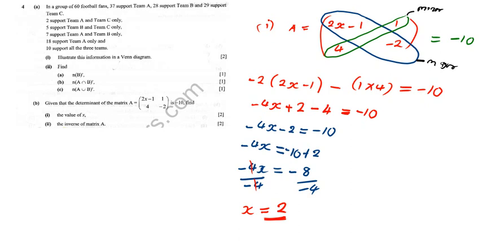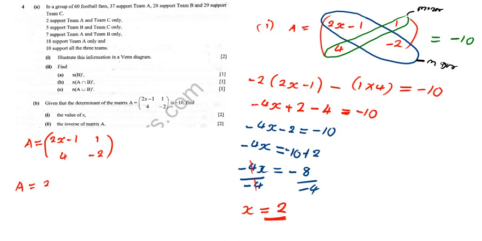So question 2, we want to find the inverse of A. Finding the inverse of A, we have our matrix A here to be 2x minus 1, 1, 4, and negative 2, like that. But our value of x we found to be 2. So wherever there is x, we are substituting a 2.